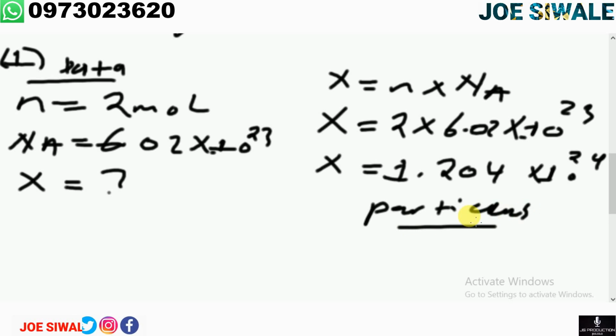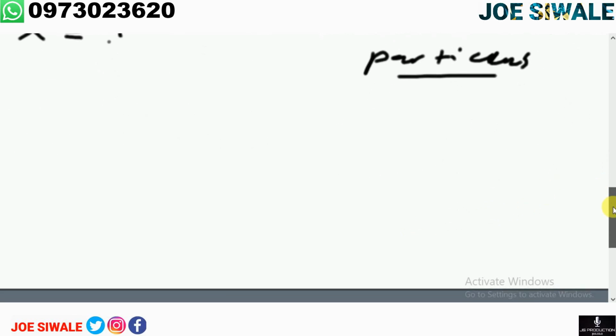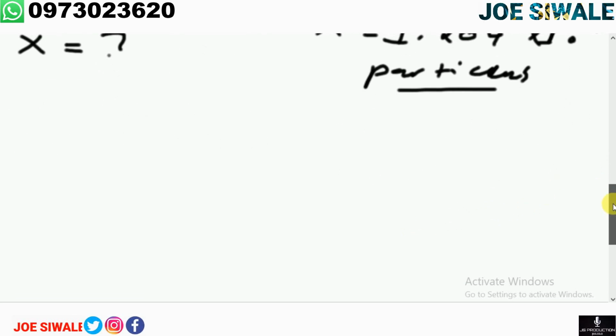Let us look at the second example. So the second example, it says calculate 12.04 multiplied by 10 to the power 23 particles of hydrogen gas to mole. So I'm supposed to calculate the number of moles.